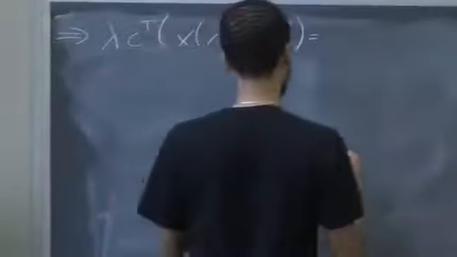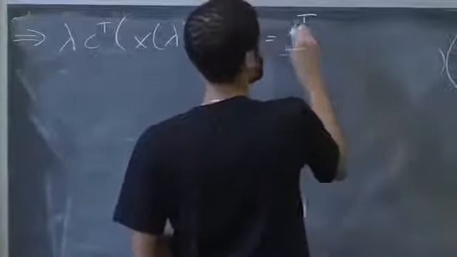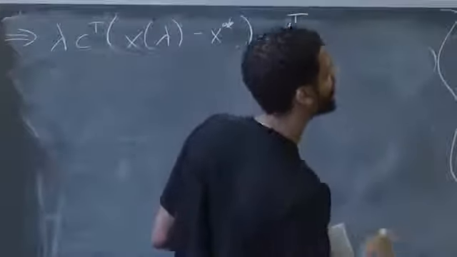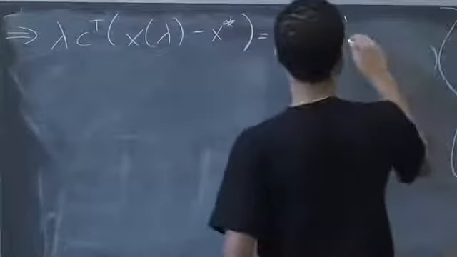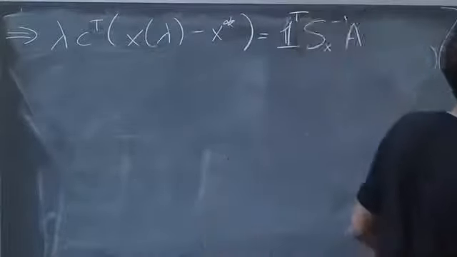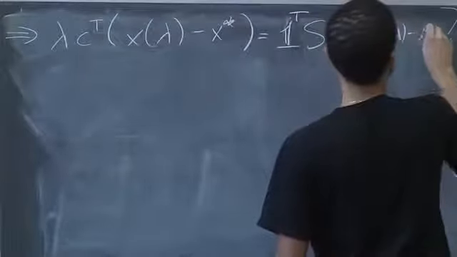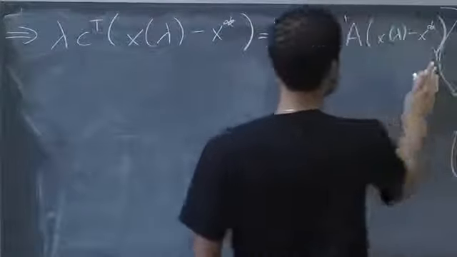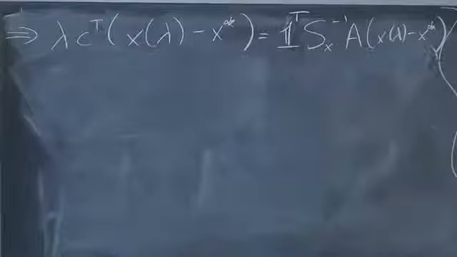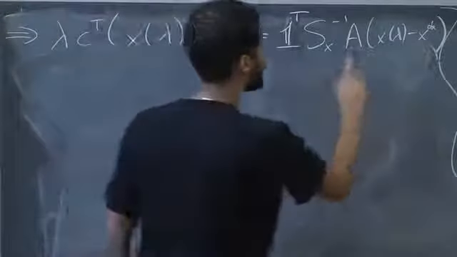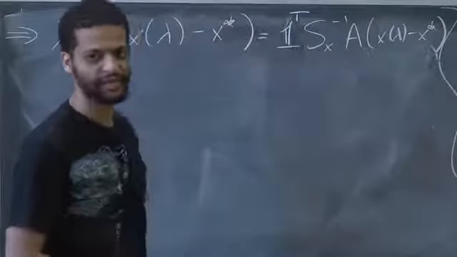So this thing is equal to the all ones vector transpose Sx inverse A times x lambda minus x star. So tell me though, what is A of x lambda minus A of x star in terms of slacks?